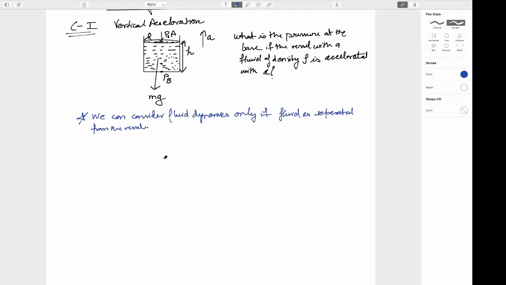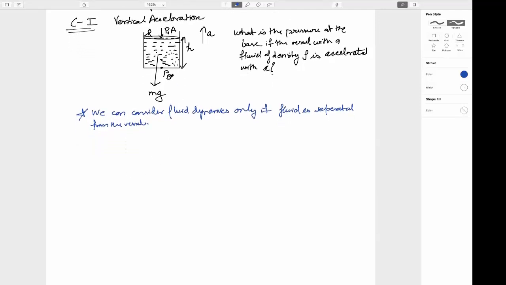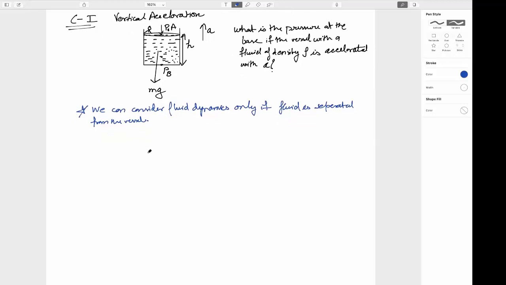So according to the pseudo force method, if we take this parcel, let's make a free body diagram. It is P naught A, the area is A. This is mg. According to the pseudo force method, if it is accelerating in this direction, then if we sit here, you will feel acceleration in the opposite direction, that is this direction.